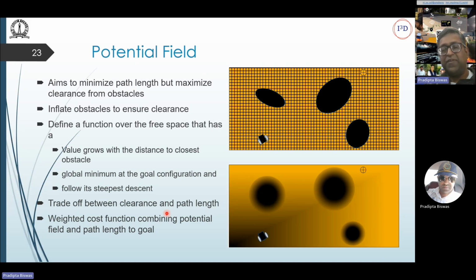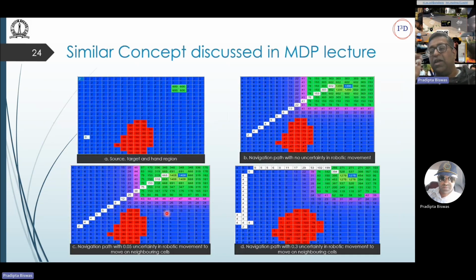This growing of the size of the obstacle is very similar to what we discussed during the value iteration algorithm. Here also we used the reward structure to represent the hand, which was our obstacle. When we did not have any uncertainty in movement, we had the same structure. But as we increase the uncertainty in movement, you can see that this hand size is growing because the negative rewards are distributed in the neighboring field.